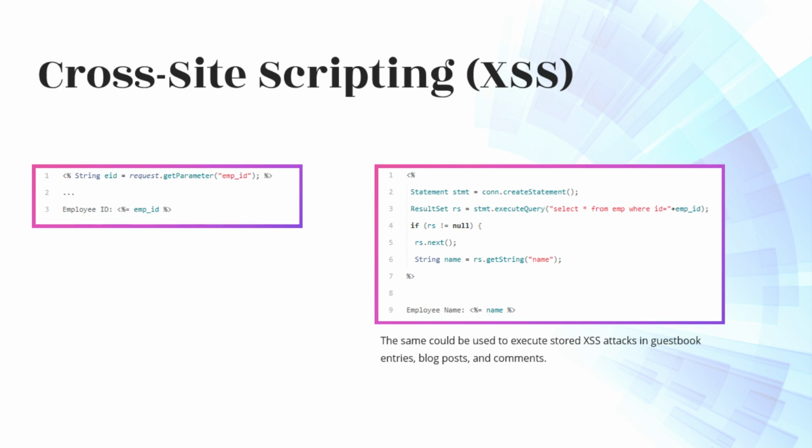We will see this in examples such as comment fields in blog posts, or guest book signatures in websites as well. So a user might come in, and instead of inputting a comment or feedback about a certain post or website, he will use that input field to input a script and store it in that database. So whenever a user accesses that page to see the previous comments, for example, that script will actually activate.